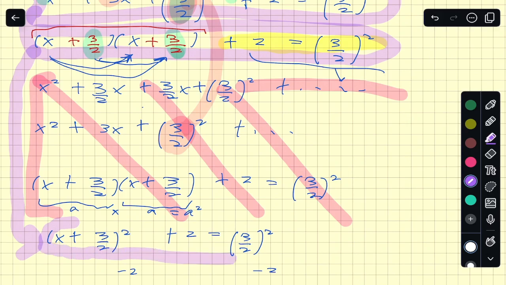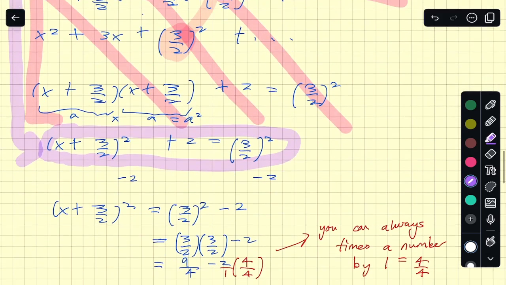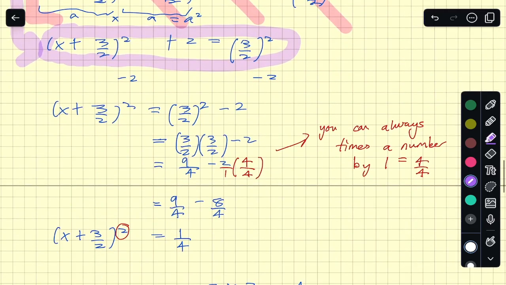This is the next line I would write. X plus 3 over 2 all squared plus 2 equals 3 over 2 all squared. Then from there you rearrange for something that is squared. Maybe you'll have to simplify the right hand side like we did.